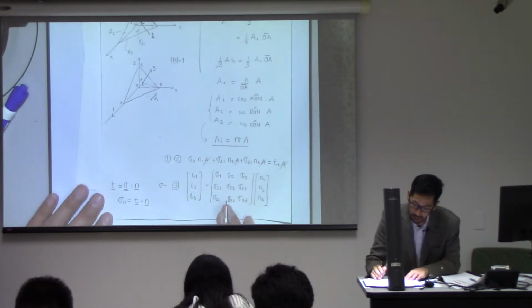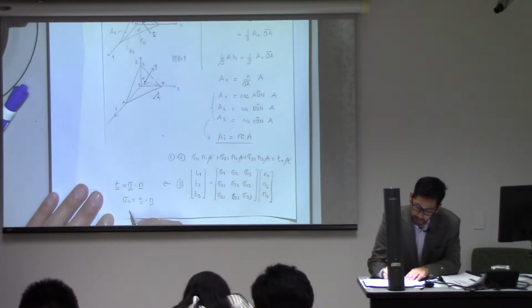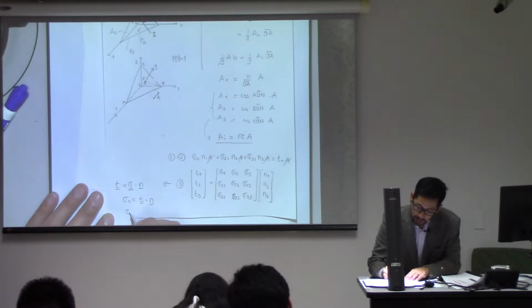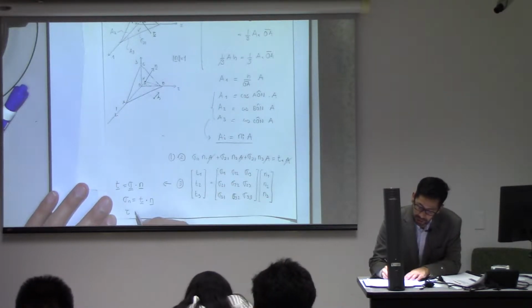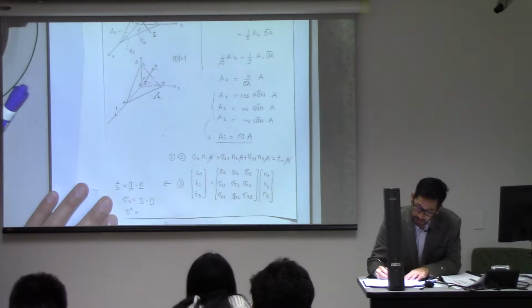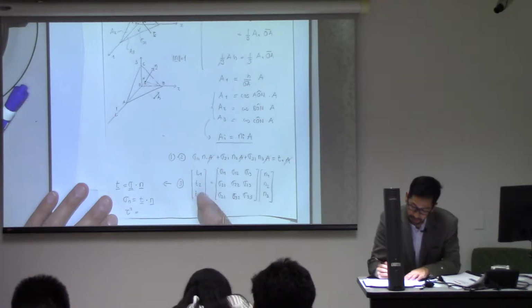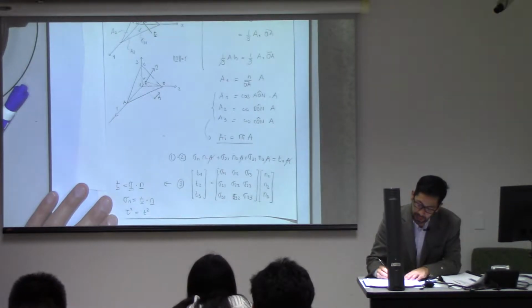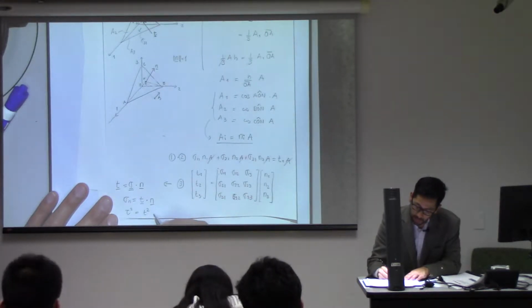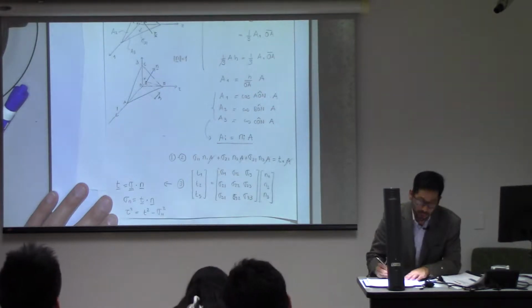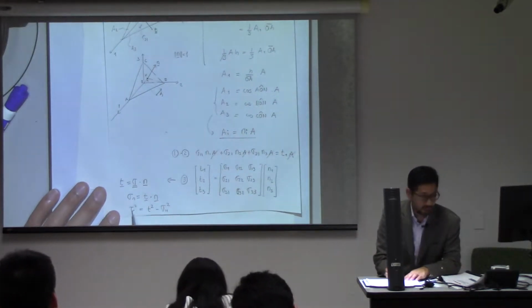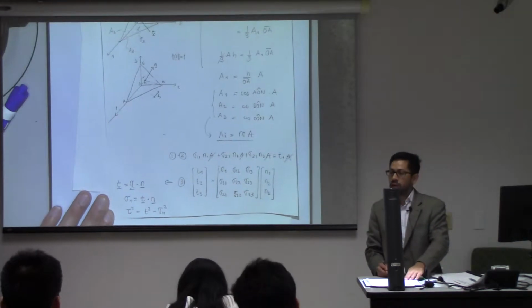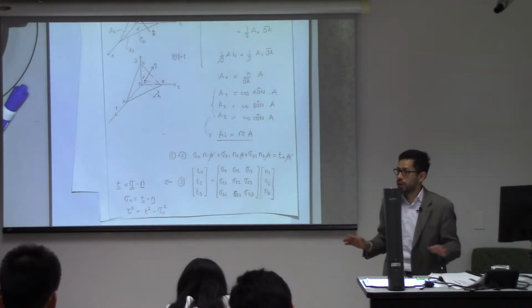But let's just talk about the module of that. And the module of shear stress is going to be, as you said before, the magnitude of T squared minus sigma n squared. This is going to give you the magnitude of the shear stress. We don't know the orientation yet, okay?